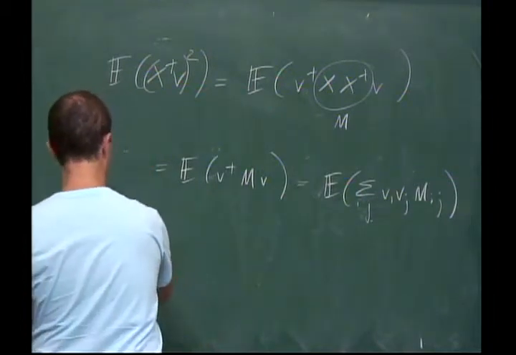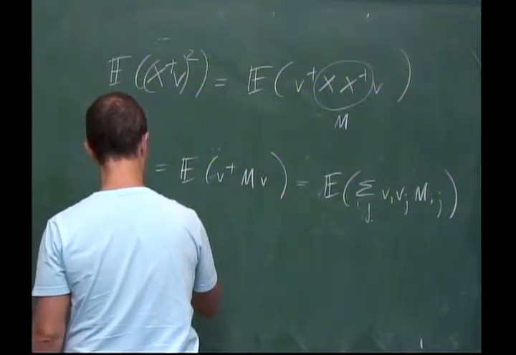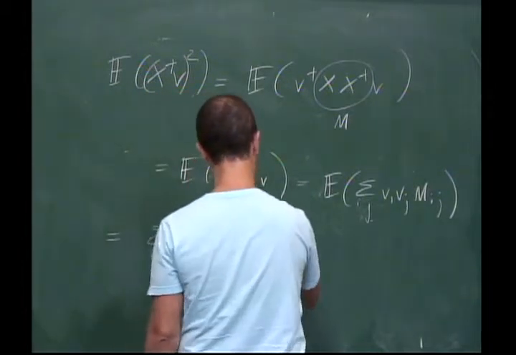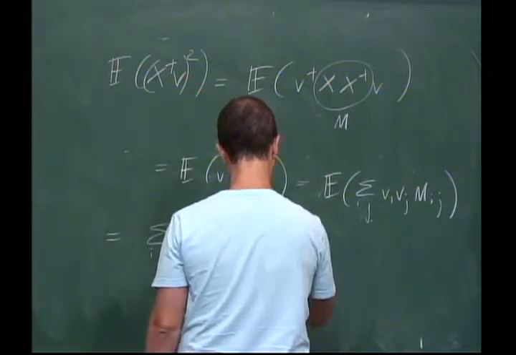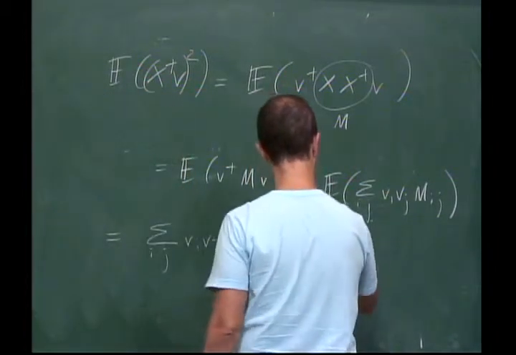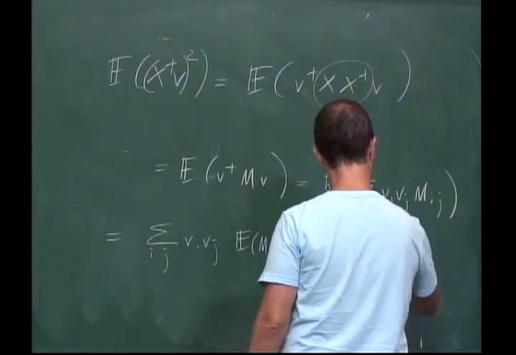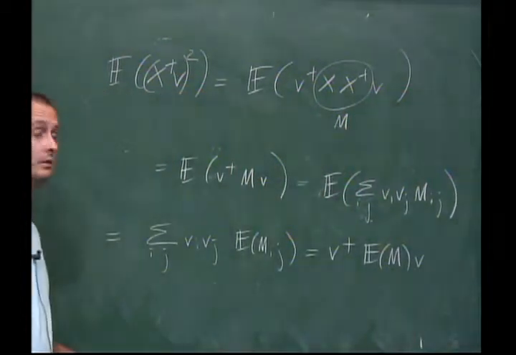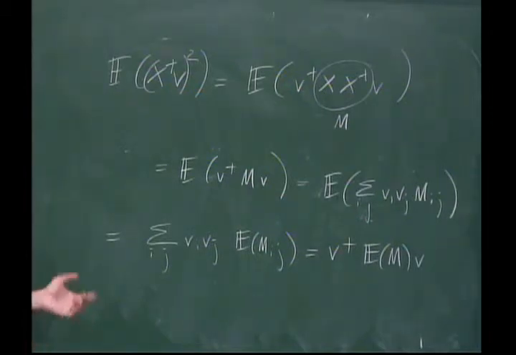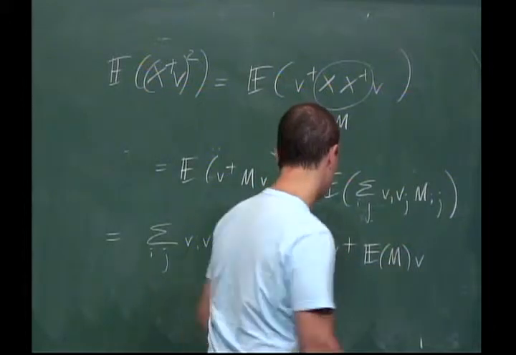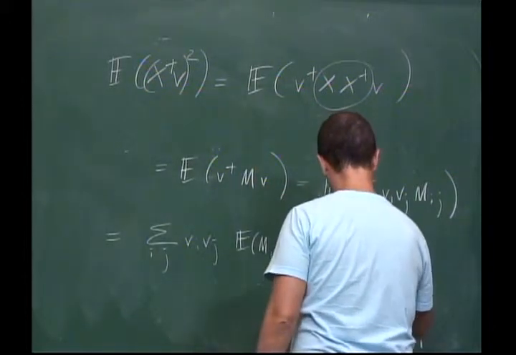And then I can use linearity of expectation and move all these scalars, all the fixed numbers, outside. And now this is precisely the inner product of v with the expectation of M times v. But what's this M? M is this matrix here. So we know what this expectation is. This is just sigma.